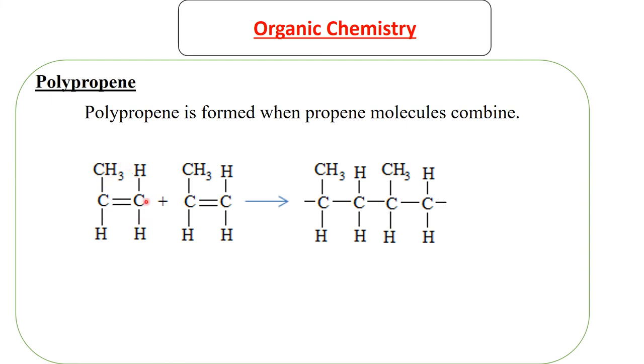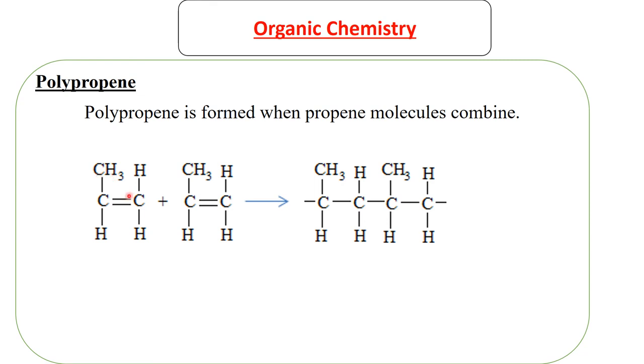So this is a propene. For those who can see how this is a propene, remember a propene is made of 3 carbon atoms: 1, 2, 3. Of course, the normal propene, we write it as carbon bonded to carbon, then we continue with another carbon bonded to 3 hydrogen atoms.